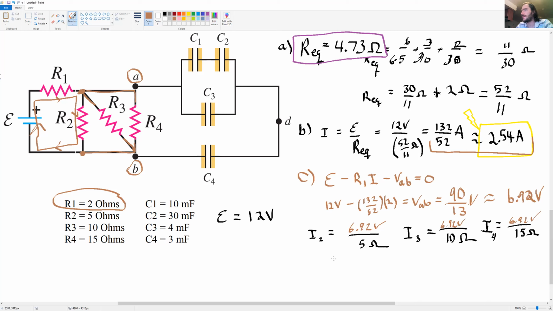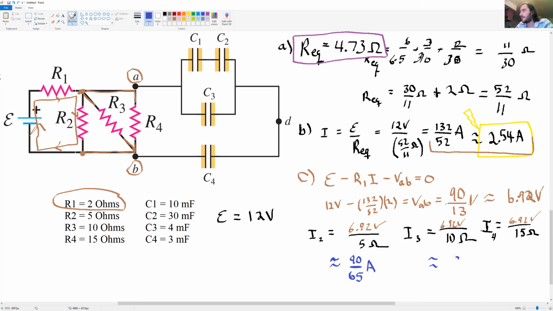For exact answers here, it's always nice to go for exact answers because then if you want to do a check later, like Kirchhoff's current law or something, it's good to have the exact answer so everything cancels exactly. So 90 over 13 is up in the numerator. So 90 over 13 divided by 5, that's going to be 90 over 65. So 1 point something amps for the first one.